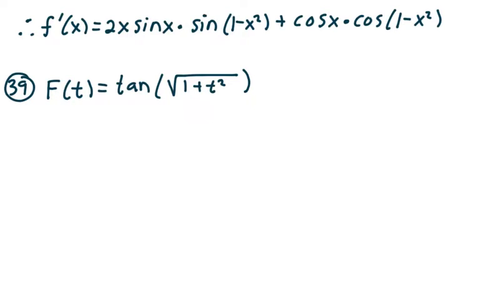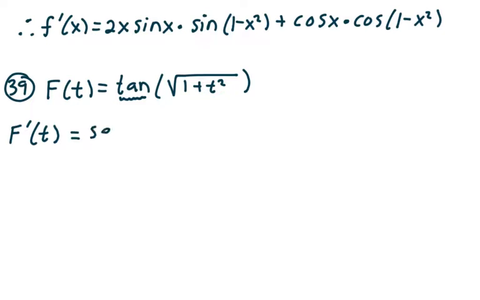Now, I think about this like peeling an onion, right? So when I want the derivative, I've got to take the derivative of the outside function. In this case, it's tangent. The derivative of the tangent function is the secant squared function.